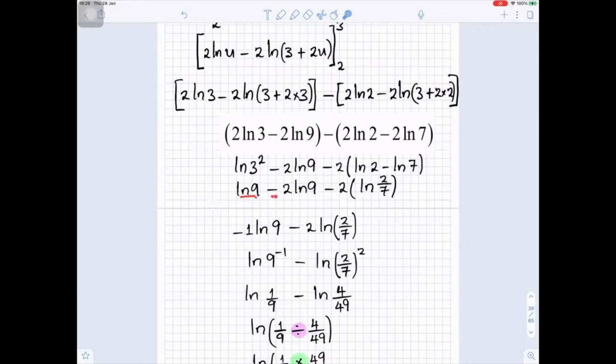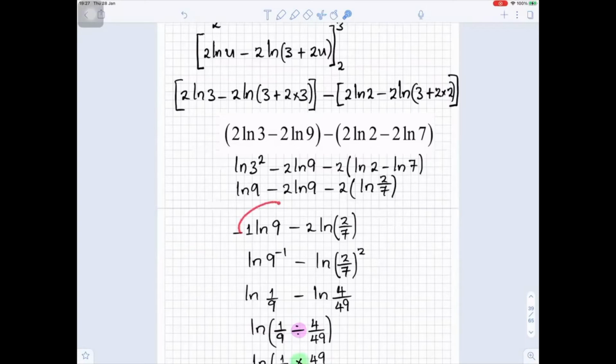Ln 9 minus 2 ln 9 is like saying 1 apple minus 2 apples. It will be minus 1 ln 9. And for this side, you can factorize 2 out. There's 2 there and 2 there. That 2 can come out, so you end up with ln 2 minus ln 7. When you subtract, you divide. So it becomes 2 ln 2 over 7.